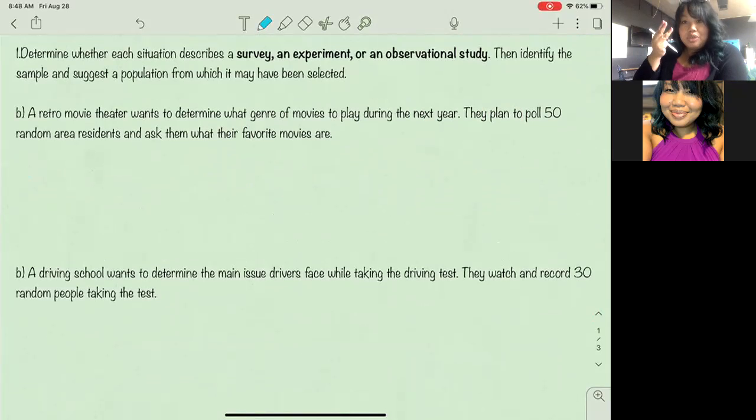So you should have 3 answers for each of these problems. Make sure you identify what they're asking for. They're asking you to choose one of these. Then they want you to identify the sample and the population.